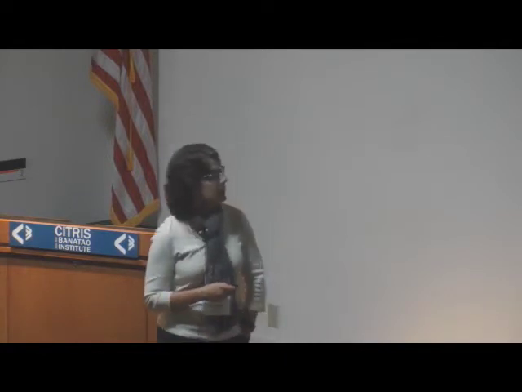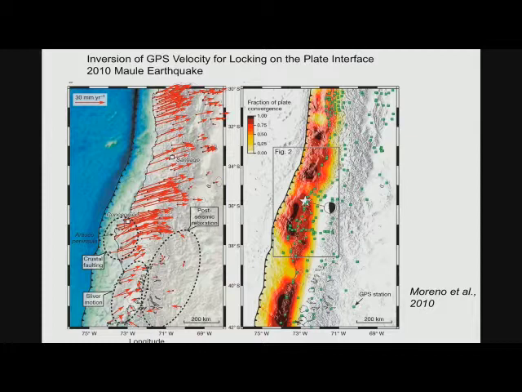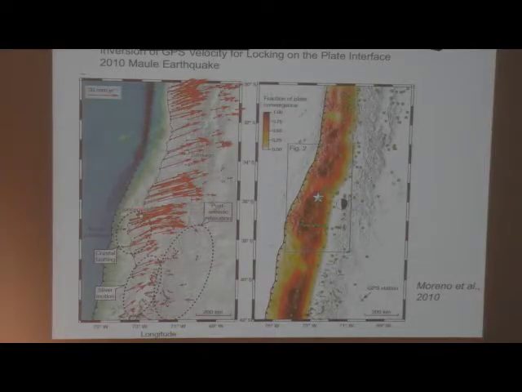And so I'm going to show you a couple of examples, because I think the answer is pretty much yes, and we're getting closer and better at understanding more. So here's one example. This is the 2010 Maule earthquake. These are surface displacements in the interseismic stage, in the convergence direction. Here's the trench. And these authors, Moreno and others, inverted this distribution for this distribution of locking.